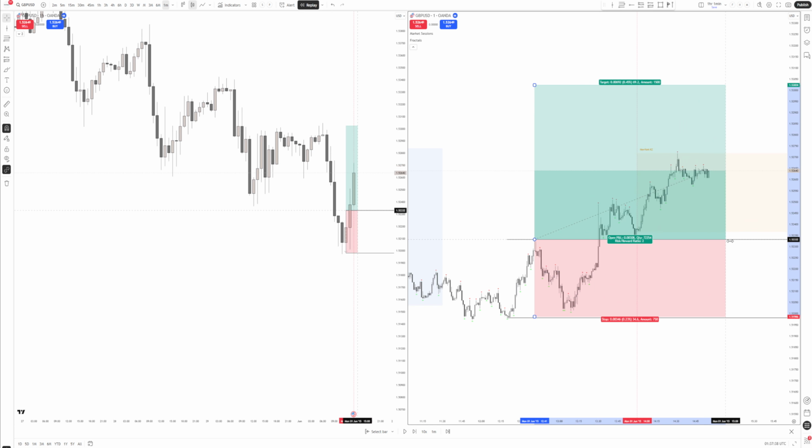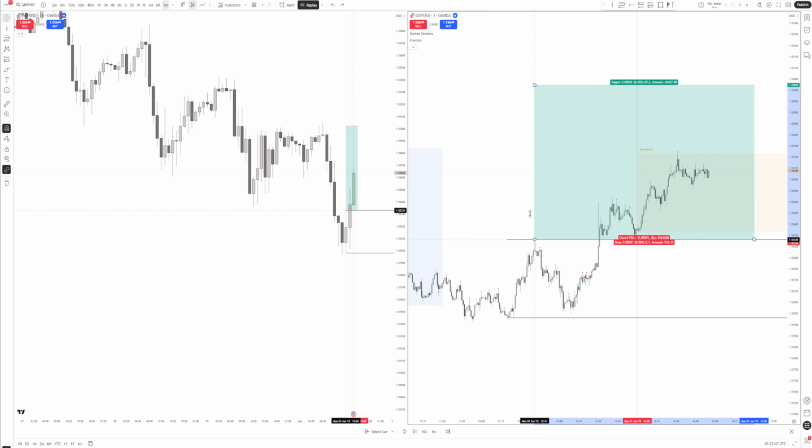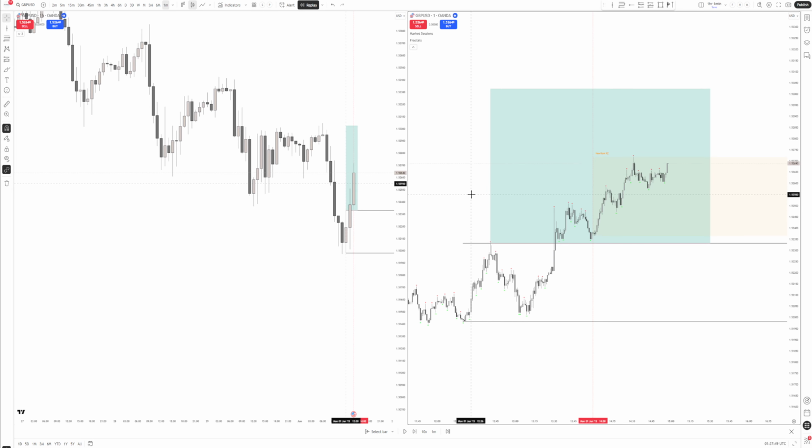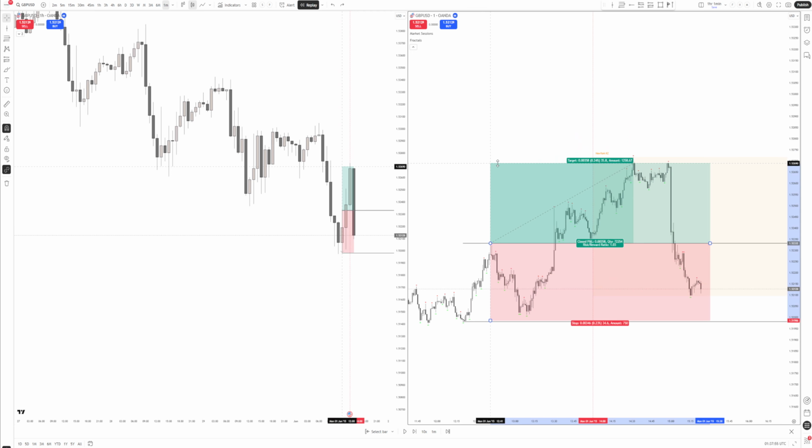And at the moment, 1 to 1, it has hit. Let's move it to the break even. Risk-free trade. And we got tagged out. Okay, so let me just check. What did it go up to this time?